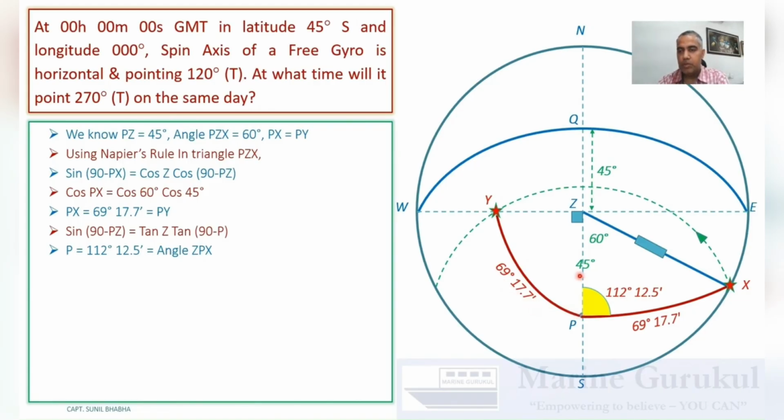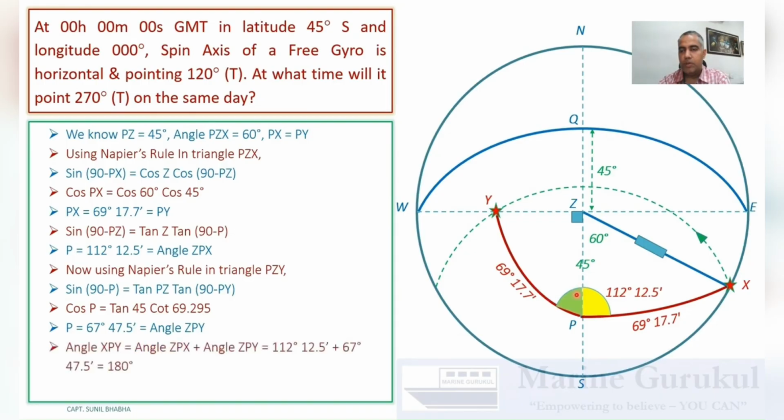Now in this triangle PZY also, we have two items known to us. One is PY, 69 17.7. The second part which is known to us is PZ, which is 45 degrees. This is our colat. Using these two, we again apply Napier's rule, this time to triangle PZY, and we find out angle P of the triangle.